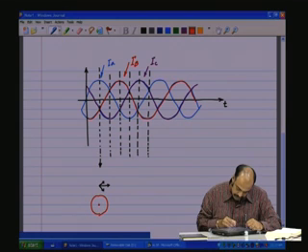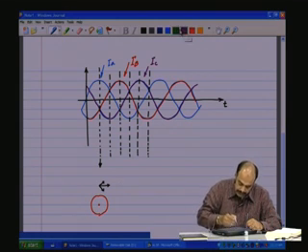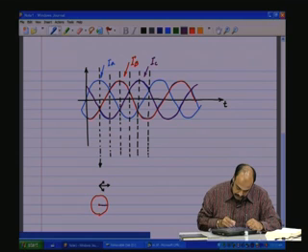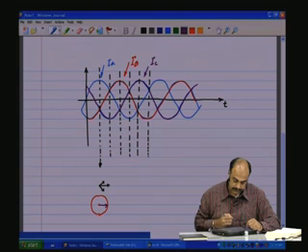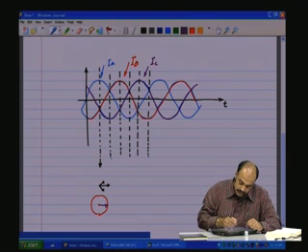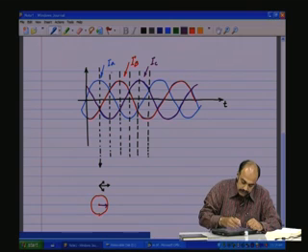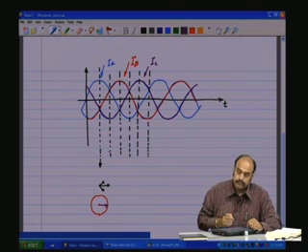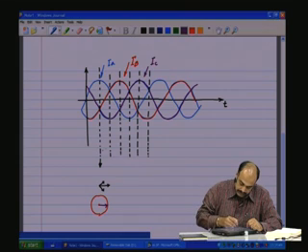So the resultant is having a direction in this. That is, these two add up and then you have a resultant in this direction. Now if we consider this point, let us take this point here.